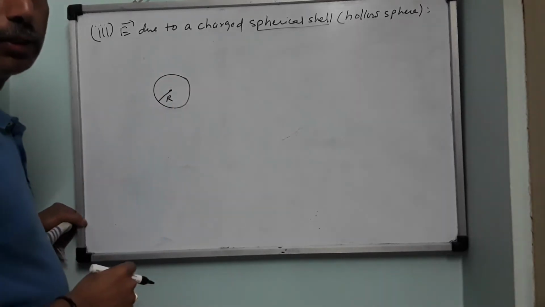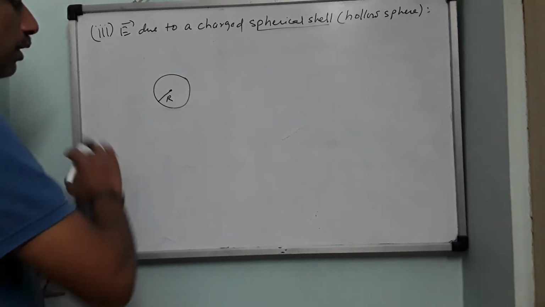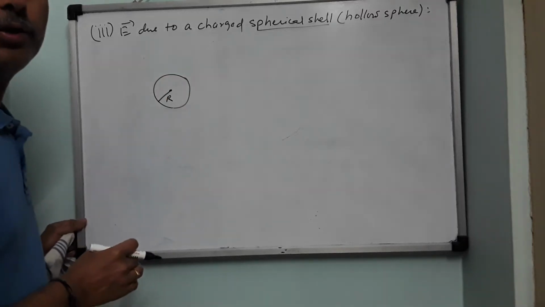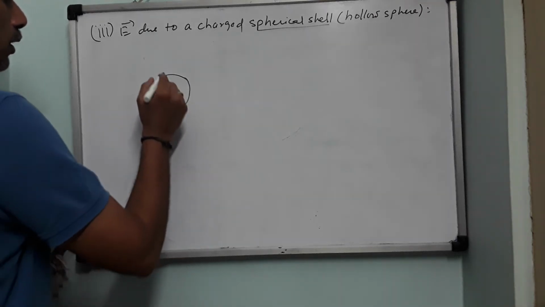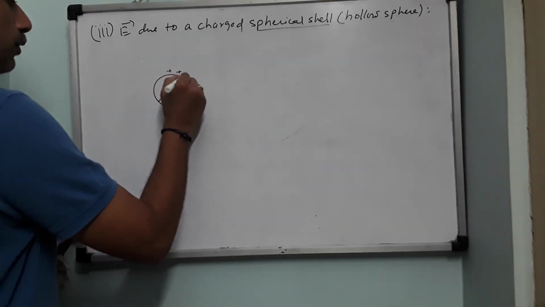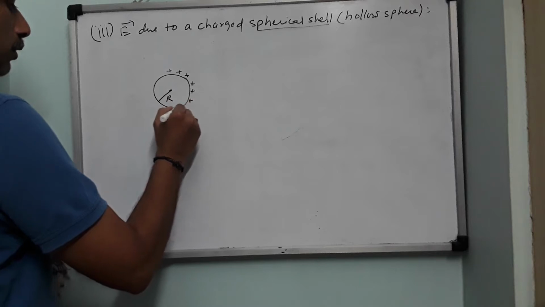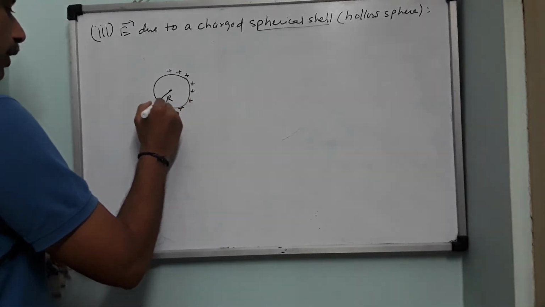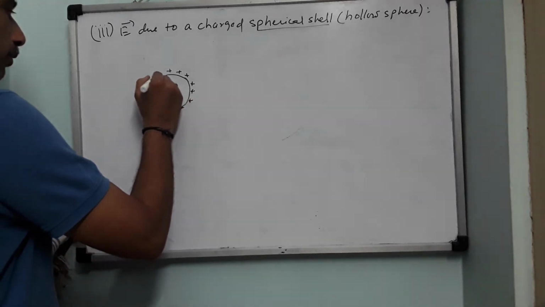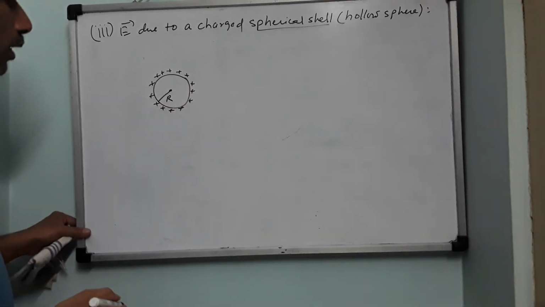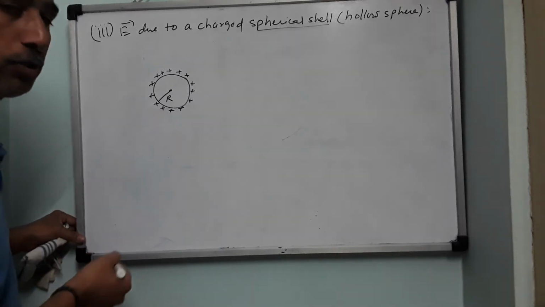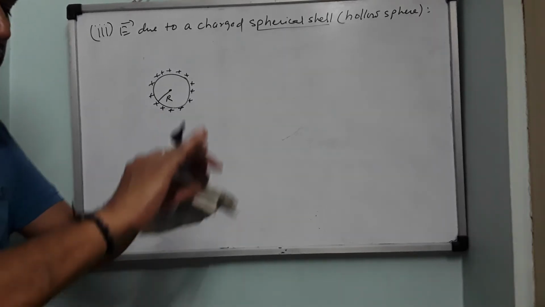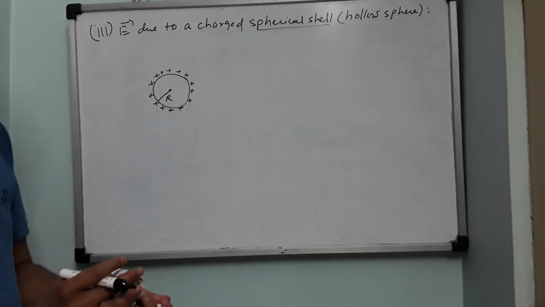So we rub this with a cloth so that the valence electrons, the electrons loosely bound to the nucleus of the atoms, transfer to the cloth so that this acquires a positive charge. This charge will spread uniformly on the surface of the sphere. Though it appears to be a circle, it is not a three-dimensional diagram, it is a 2D diagram, so it appears to be a circle, but it is a sphere which is positively charged.